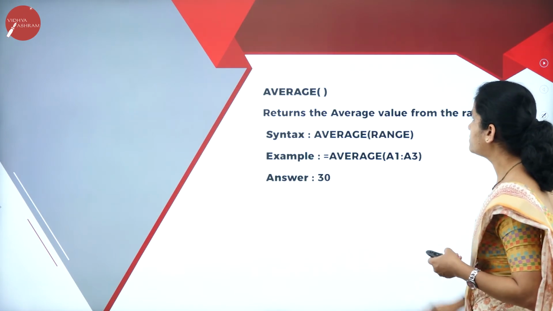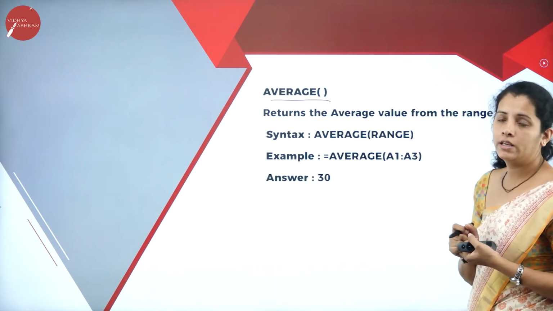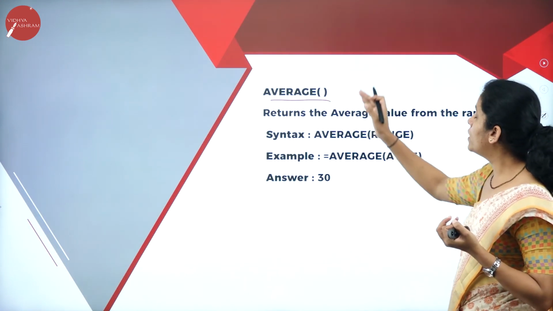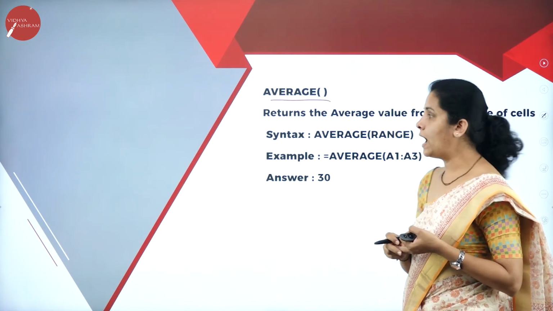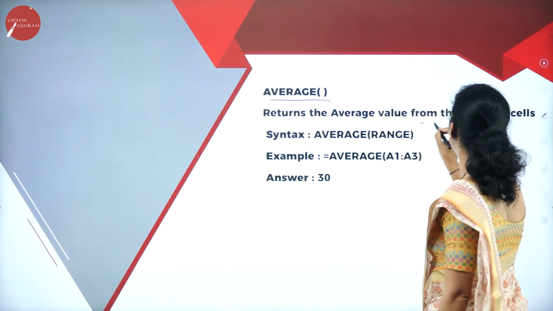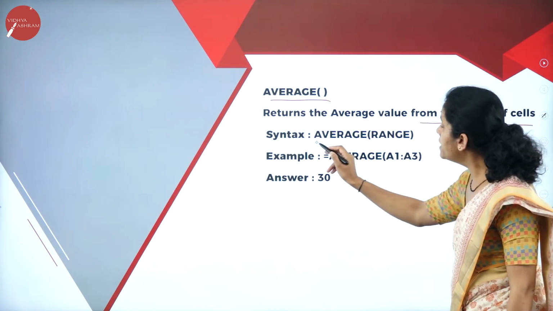Moving further, I'm going to have the average of given numbers. To get the average, I'm going to have the function called average, and it returns the average value from the range of cells. So what is my function name?